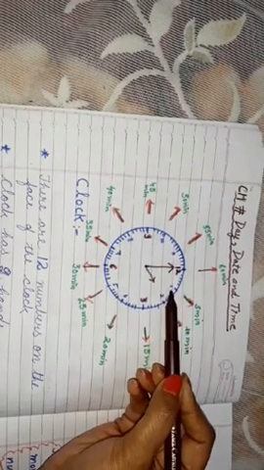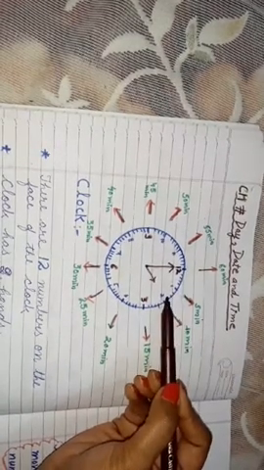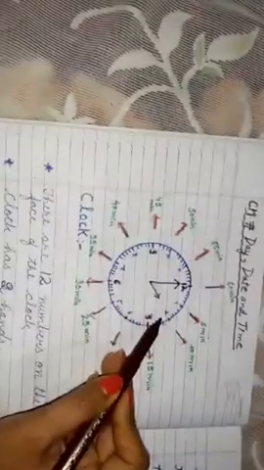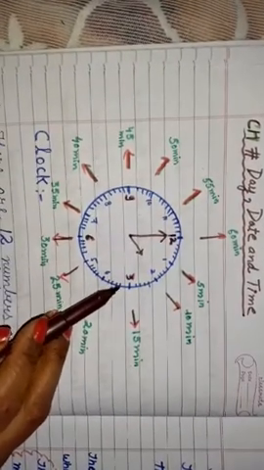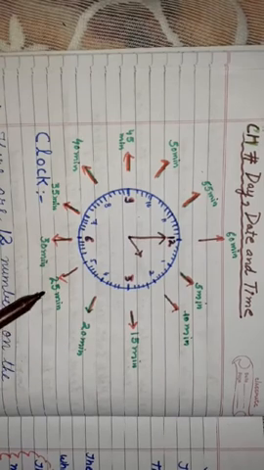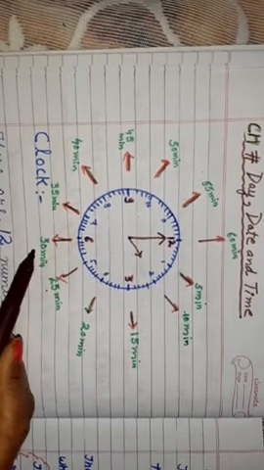Then it moves from 1 to 2, it is 5 plus 5, which is 10. So when the minute hand is at 2, it is 10 minutes. When the minute hand is at 3, it is 15 minutes. When it is at 4, it is 20. Then further it is 25, 30. At 6, it is 30 minutes.